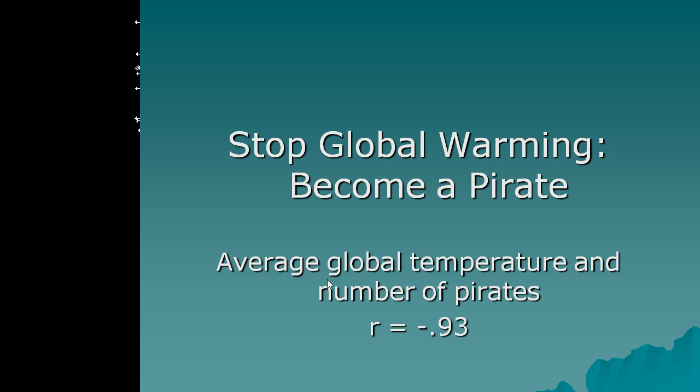What does that mean? As the global temperature increases, the number of pirates must be decreasing. Yes, very, very strong negative correlation. Wait, if it's a negative correlation, does that mean they aren't very correlated? Negative is fine.